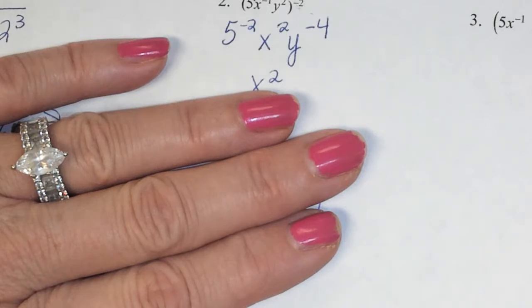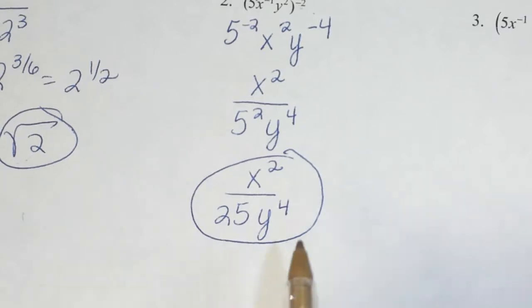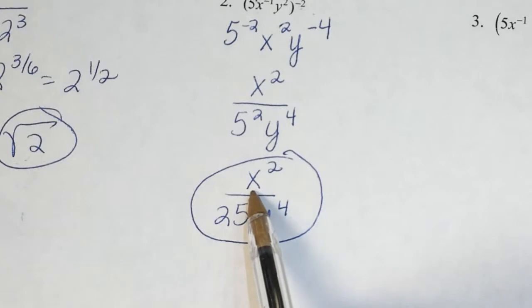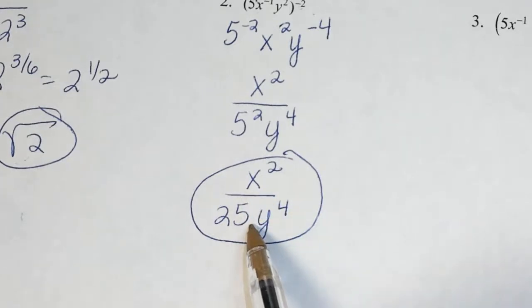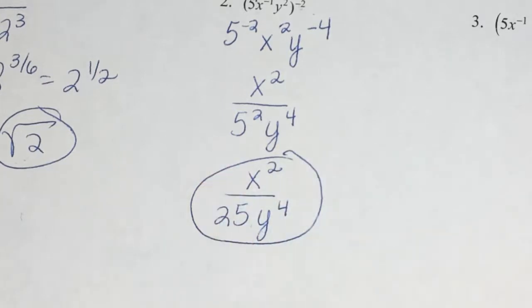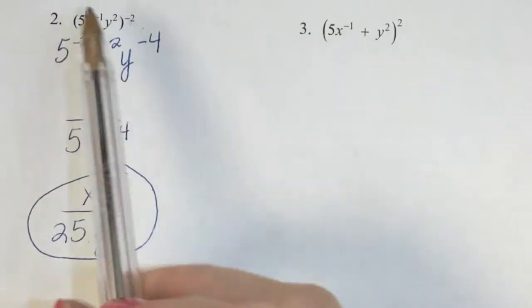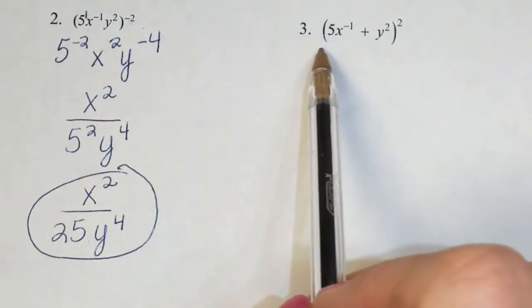X squared divided by 25 y equals. Good job. You're correct. Anybody need help with it? Is there any way to know, when you go over? Well, I would check and see if I have an x here, I want to make sure that there's no x in the denominator. Same thing with the y. If there had been another y in the numerator, then I would know I'm not completely simplified. But there's nothing else I can do with this. So we're done.